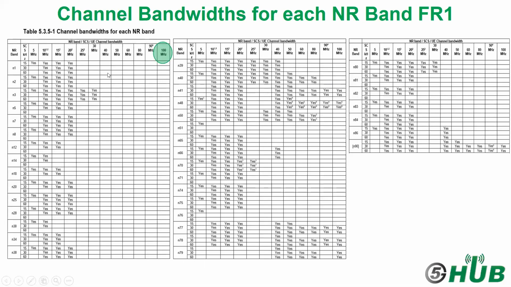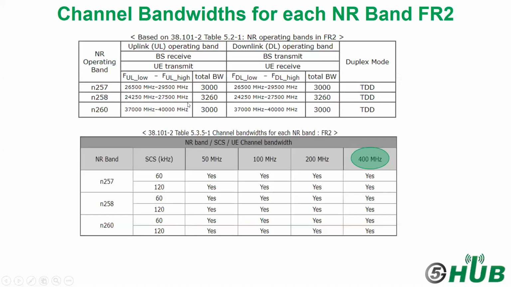The maximum channel bandwidth for this band will be 100 megahertz, and there are different frequency bands to support this channel bandwidth like N77, N78, N79, N48, and so on. What about channel bandwidth for frequency range 2 or mmWave band?